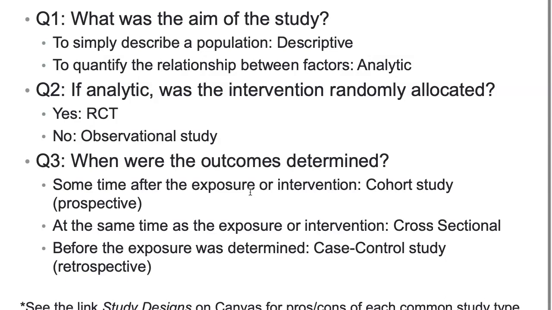So when were the outcomes given? Was it after the exposure? Somebody's already hurt and then we're trying to figure out if our intervention worked. Typically that's a cohort study. At the same time as our intervention, that's cross-sectional, doing the experimental design all at the same time with your participants.